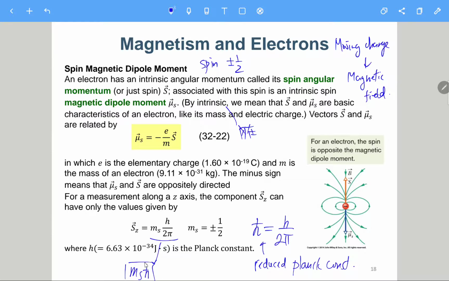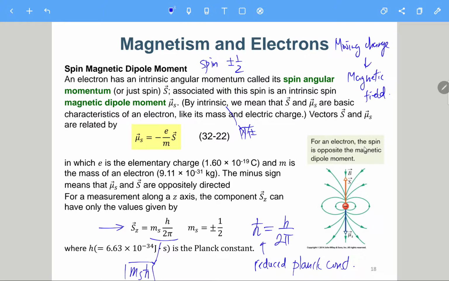So it is nothing but plus or minus 1/2 h bar, something like this. So this is Sz in one of the directions, one of the axes. This S is in an arbitrary axis. So this is difficult to imagine.